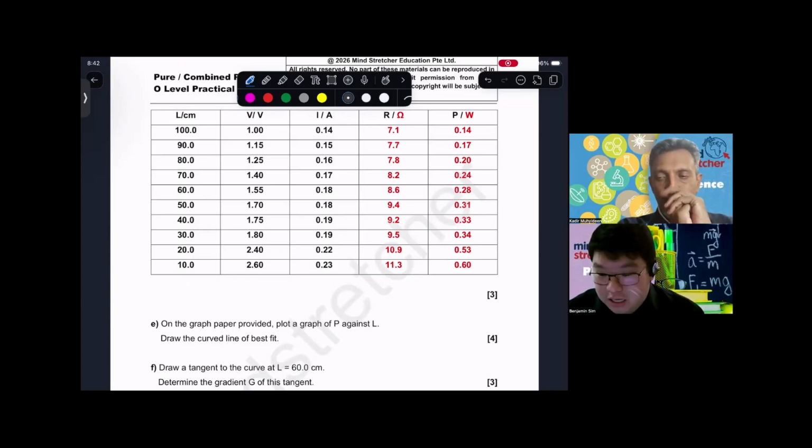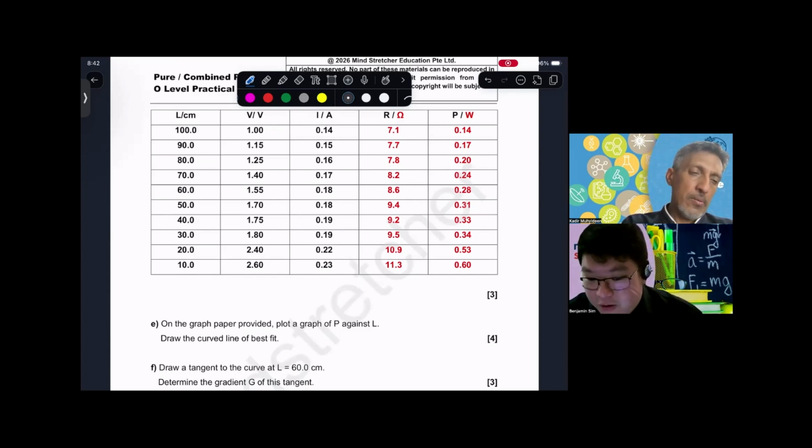See very carefully: the graph is P against L. In this question, they ask you to draw the curved line of best fit. So in this question, we are not doing a straight line of best fit. It is a curved line, so it is a little bit of a curved ball, pardon the pun. It is going to be a best fit curve.